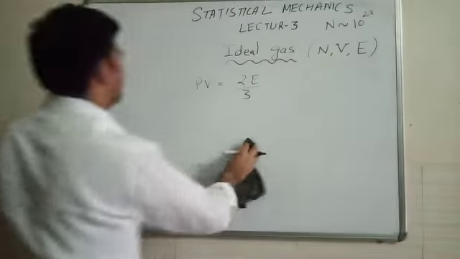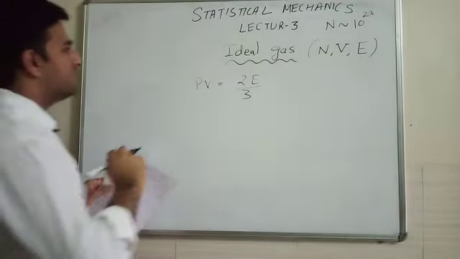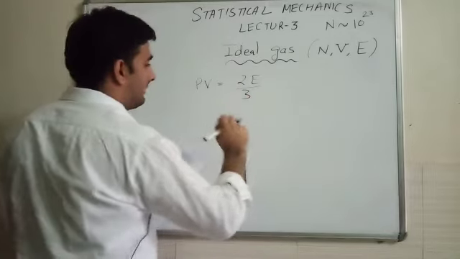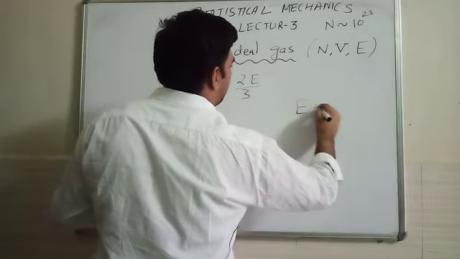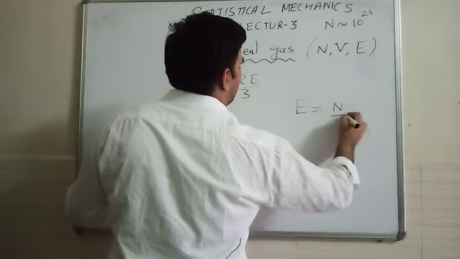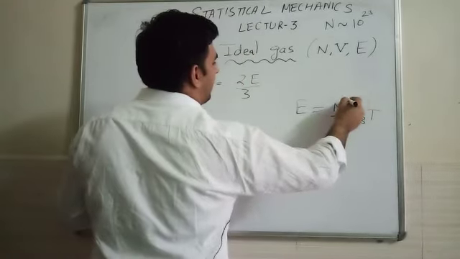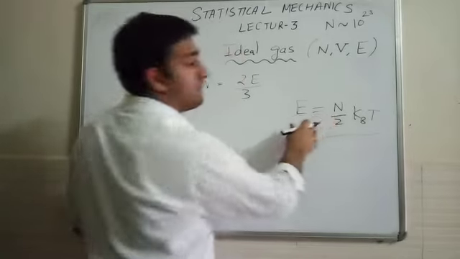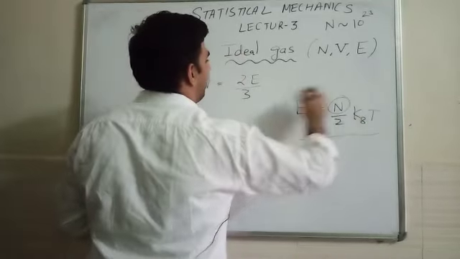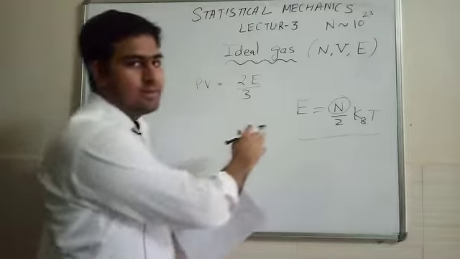Now we have calculated the value of energy in terms of temperature. It is 3/2 N kBT. I'm sorry, I just wrote the formula without writing this; there's an N here, please correct that.